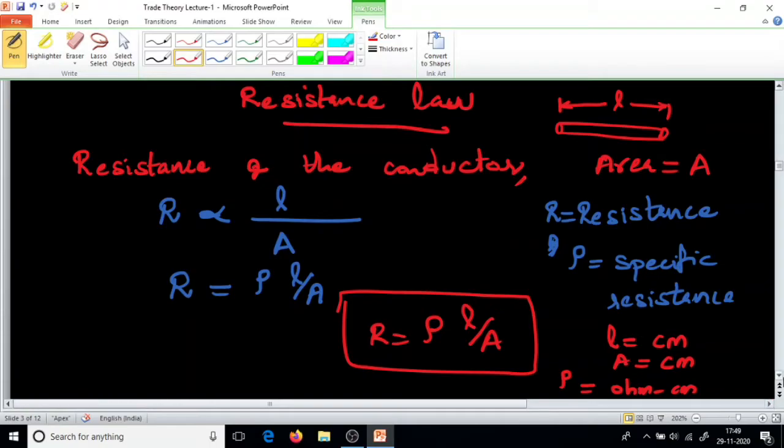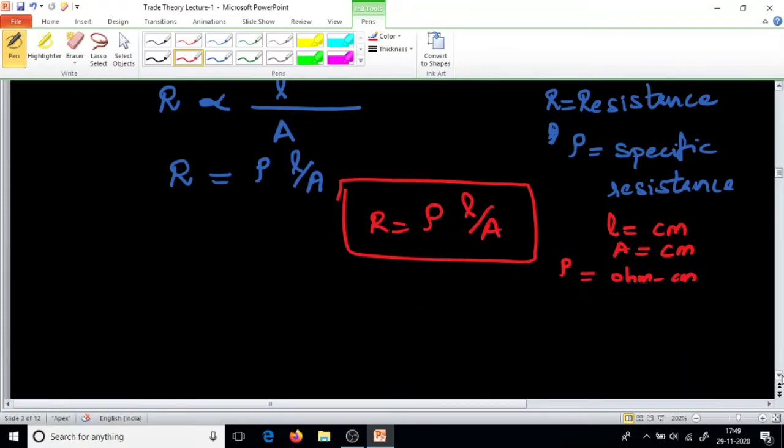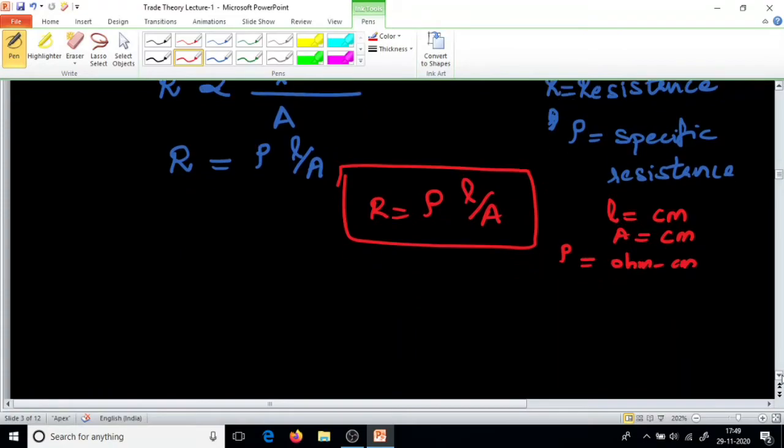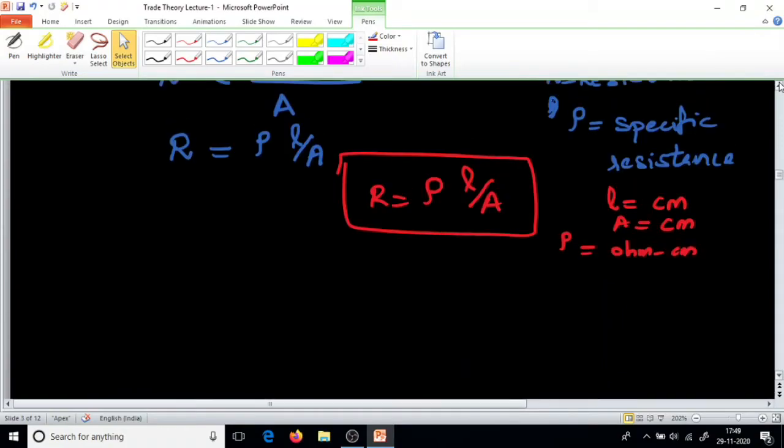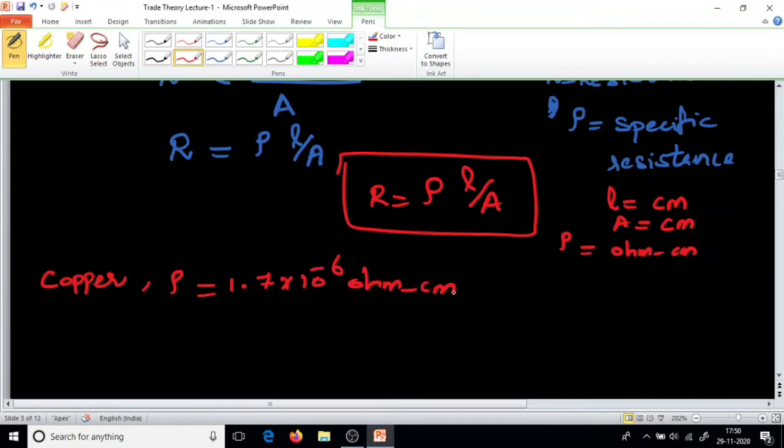It is better to know the resistivity of some of the materials. For copper, rho equals 1.7 multiplied by 10 to the power minus 6 ohm centimeter.